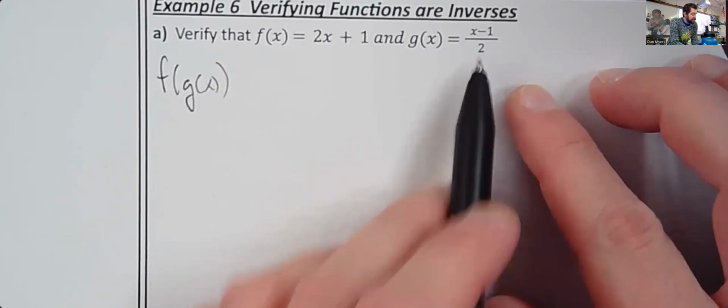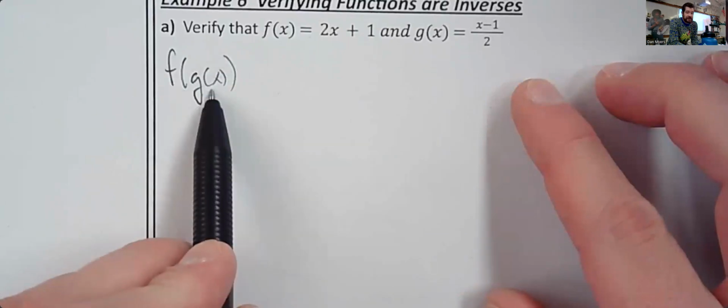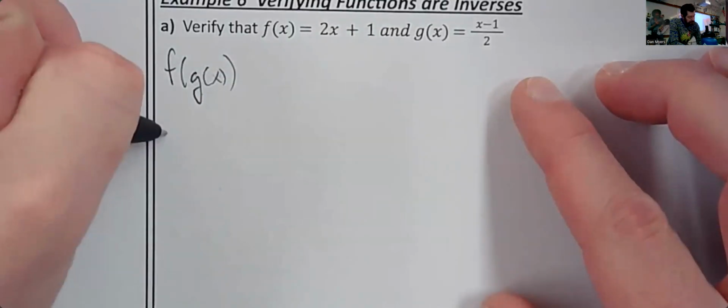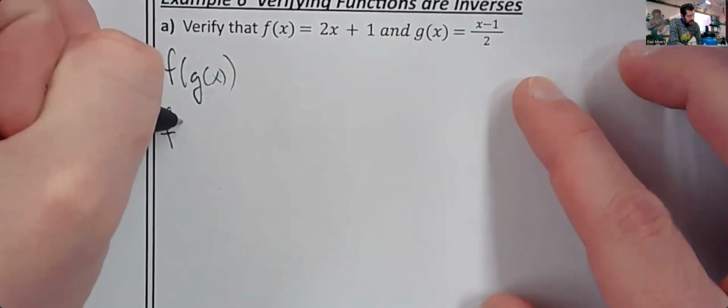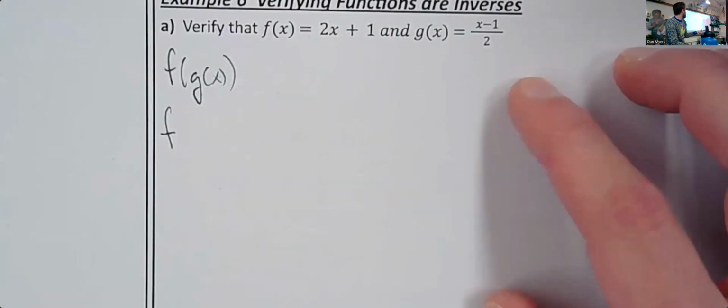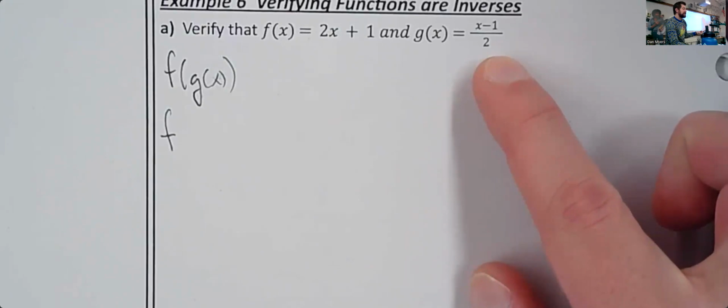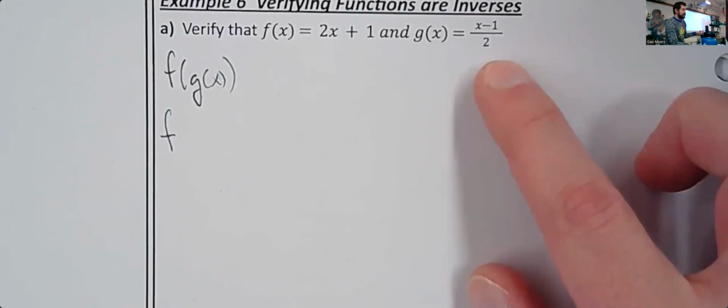So in place of x, we're figuring out f of, what is g of x, by the way, over here? What does it say g of x equals? X minus 1 over 2, right?